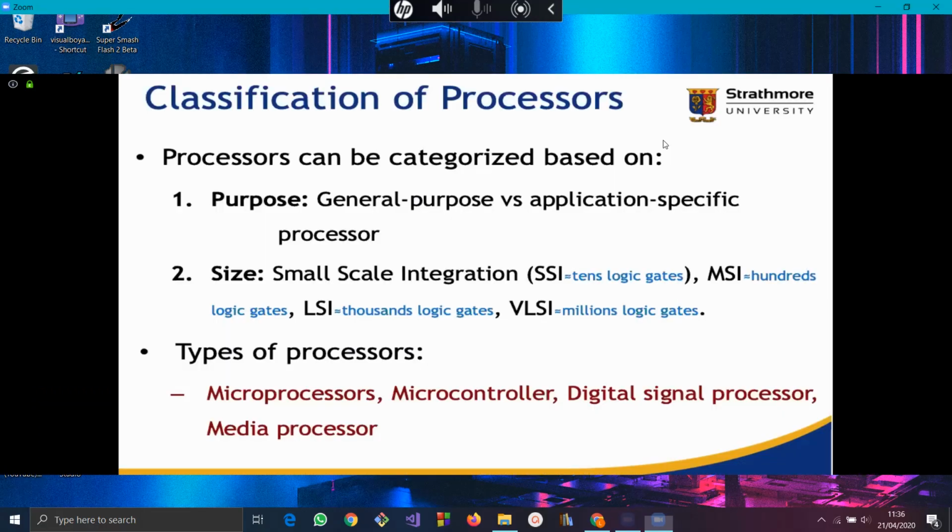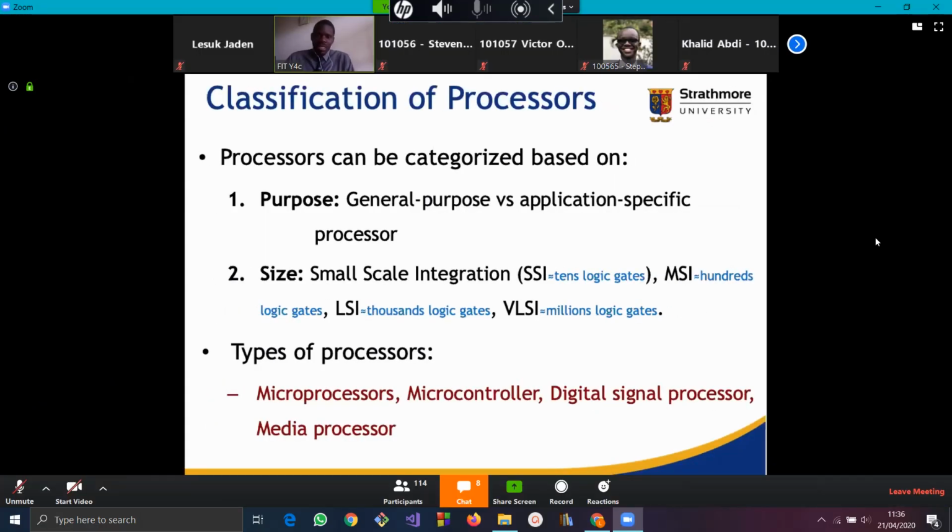If you forget anything, by the end of this class, make sure you're able to differentiate a microprocessor from a microcontroller. Pay close attention when we come to differentiating them, so that you know the difference.